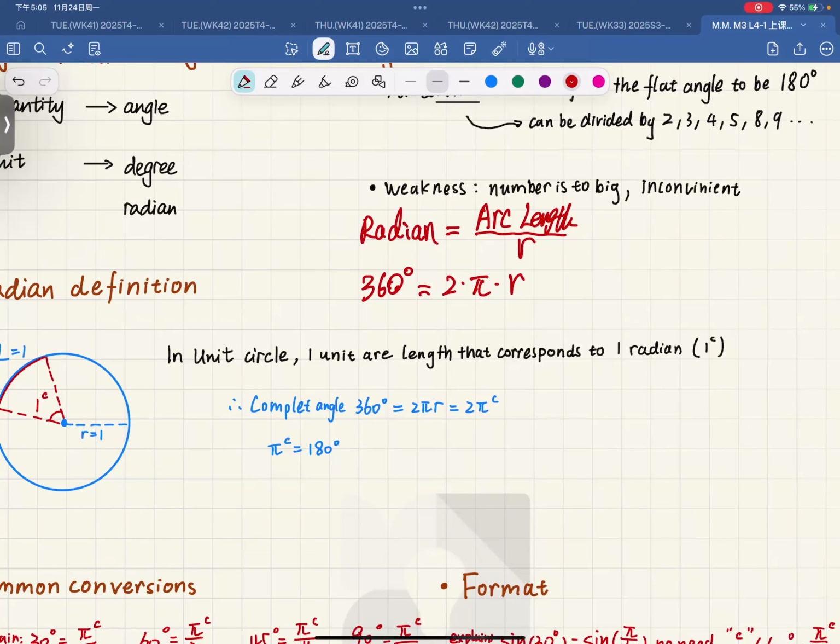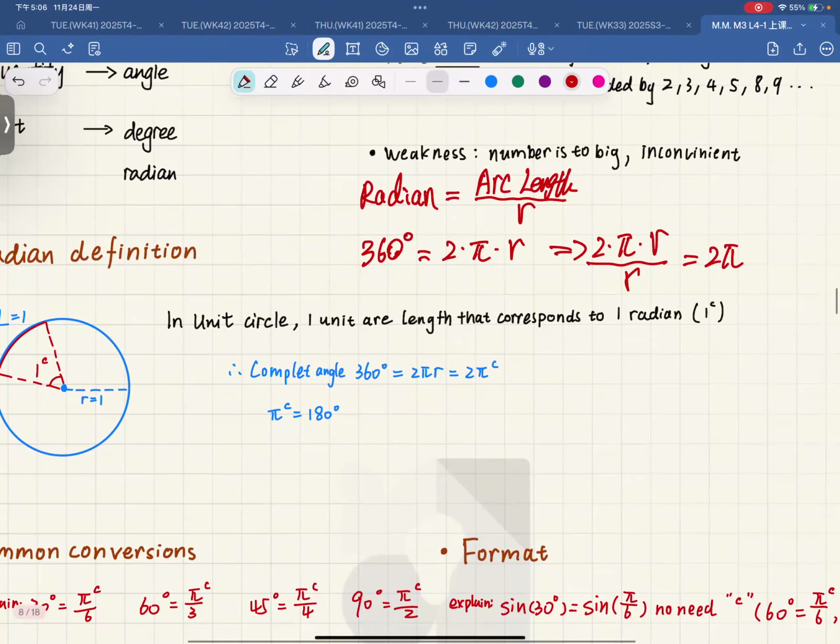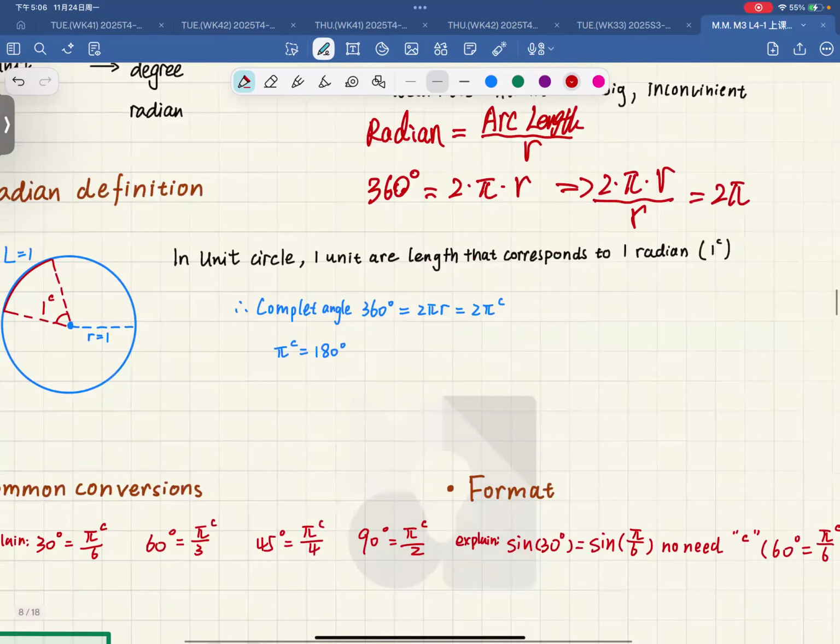That's the arc length of a whole circle. And divided by r, which is equal to 2 pi. So that's why 360 degrees is equal to 2 pi, and 180 degrees is equal to pi. Does it make sense? Okay.